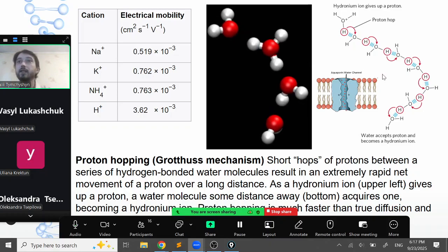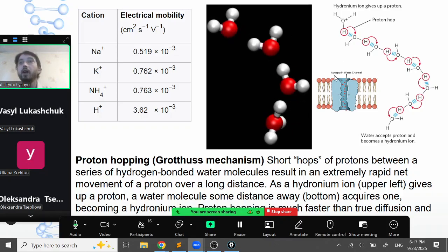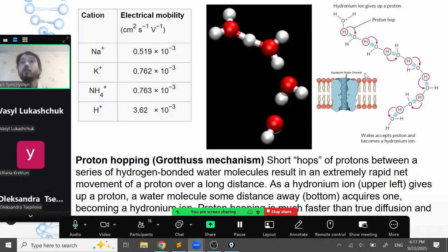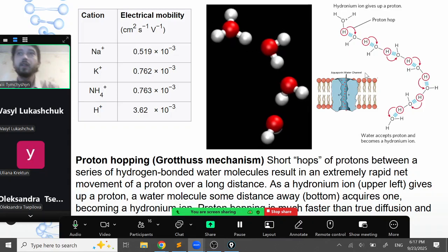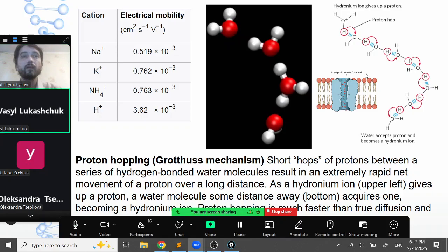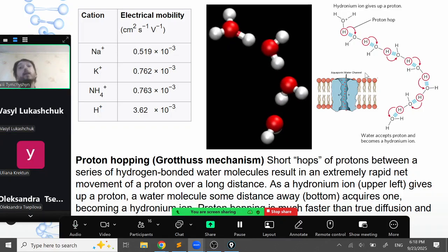And here is one example from biology. If you can see this small picture, that's an aquaporin water channel. How do you think, just by its name, what is this aquaporin channel for? Pumping water into the cell. Well, not pumping, just letting it go through the cell wall.